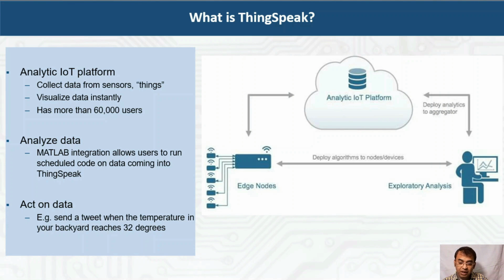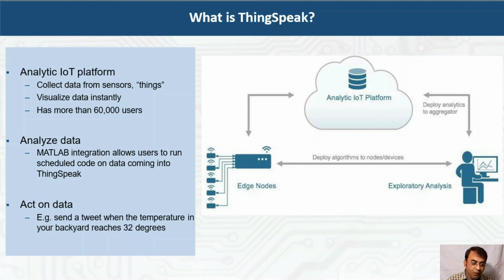MATLAB integration allows users to run scheduled code on data coming into ThingSpeak. Act on data. For example, send a tweet when the temperature in your backyard reaches 32 degrees. That means you can also create an alert or tweet. That means you can set the alarm.